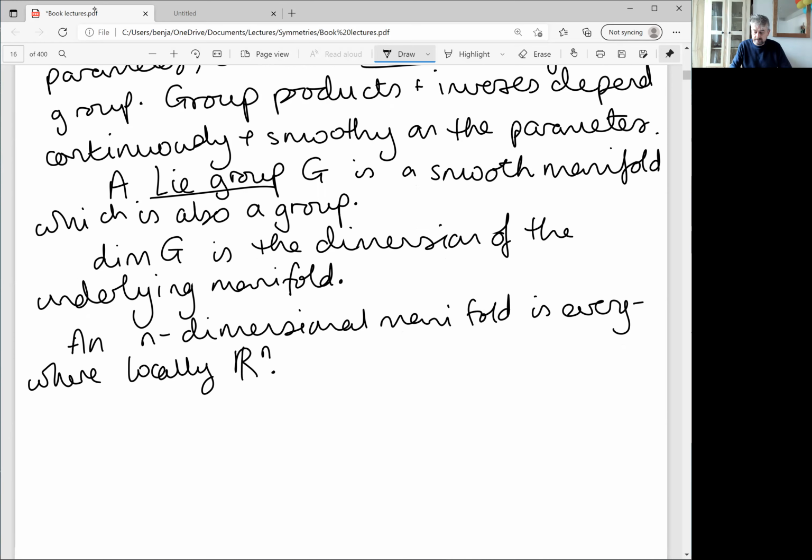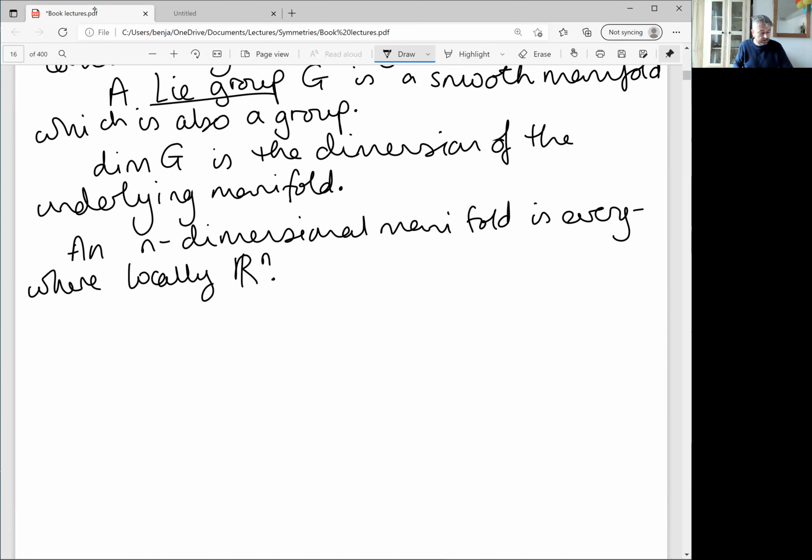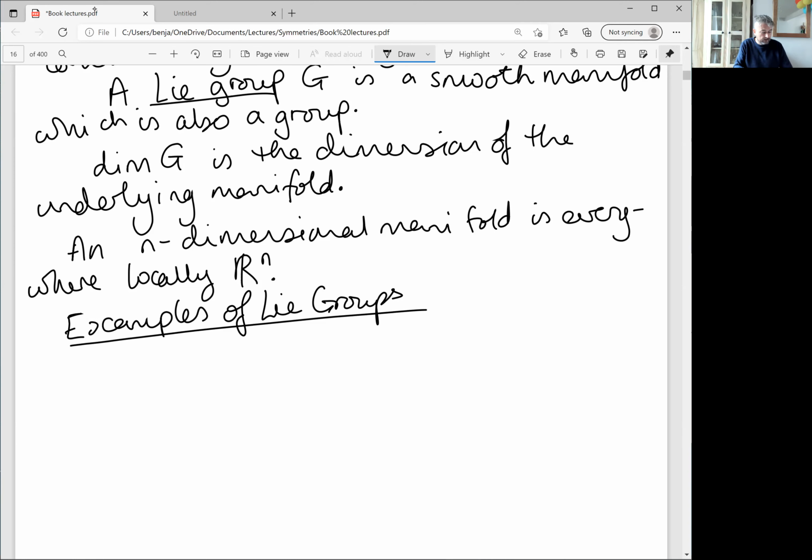Let's give you some examples of Lie groups just to get going. So for example, just Euclidean space or Euclidean vectors with addition is an example of a Lie group.